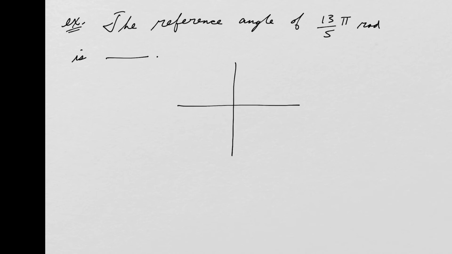We know that 2 pi radians is 1 revolution. And then how much further do I have to go? Well, one way of doing this is I can subtract.